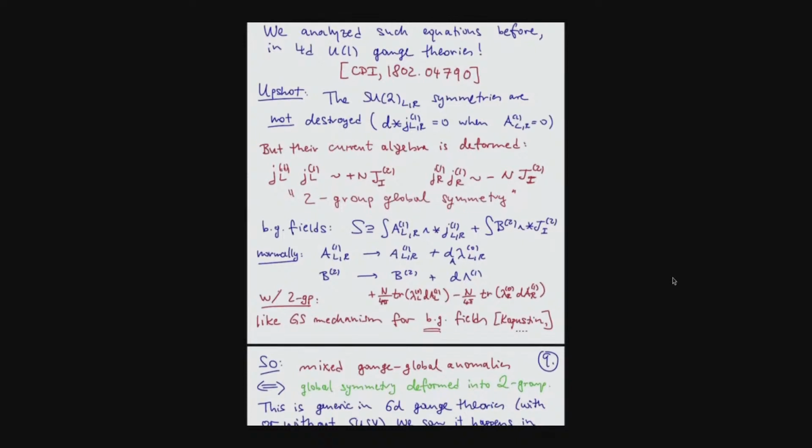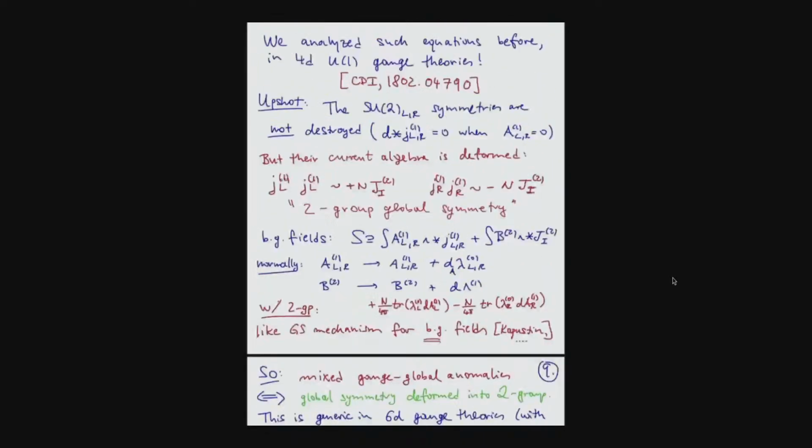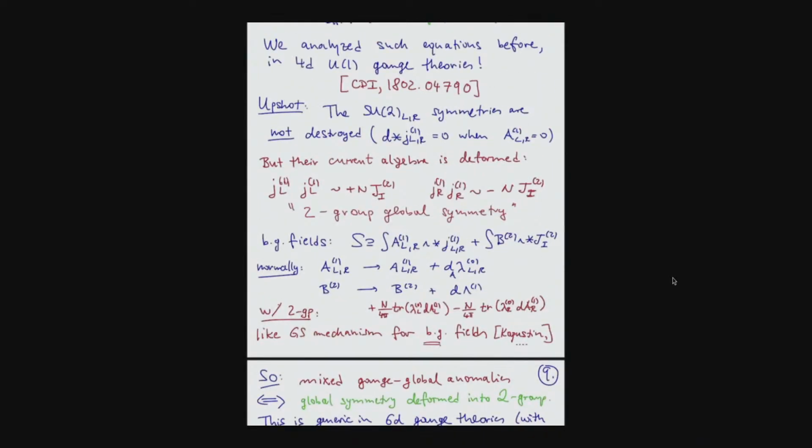Okay, now in order to reinterpret this phenomenon in a way that looks a little bit more familiar, I'm going to now couple these currents to background fields. So I already reminded you of how to do that for the instanton current before. So I told you that the instanton current should couple to a background B field.